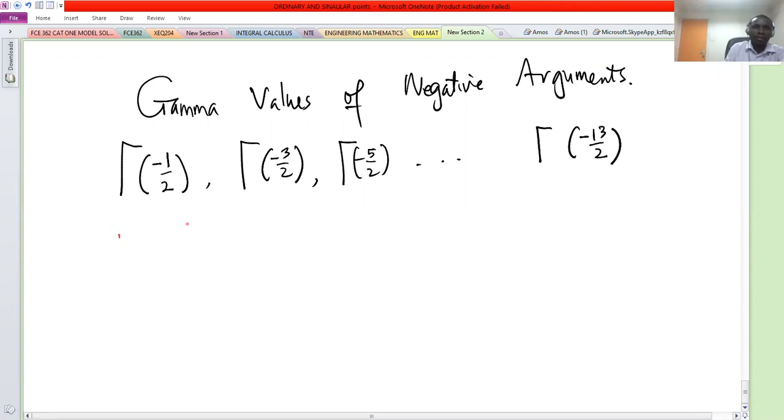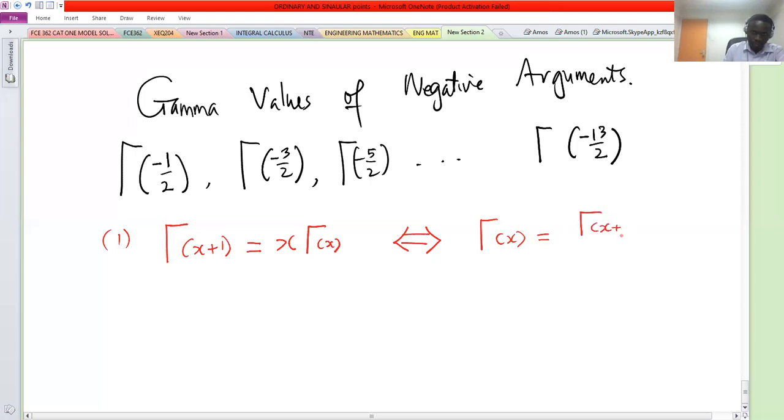One, know that gamma of x plus 1 is given by x gamma of x. Which is the same thing as saying gamma of x is the same as gamma of x plus 1 divided by x.